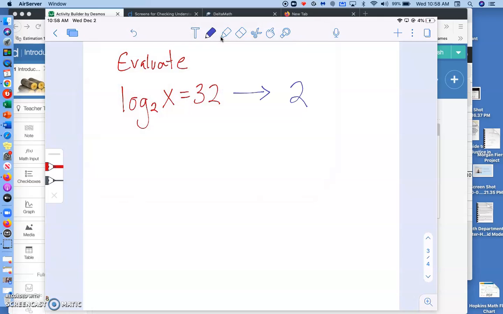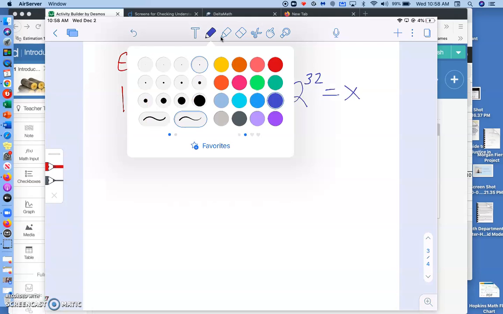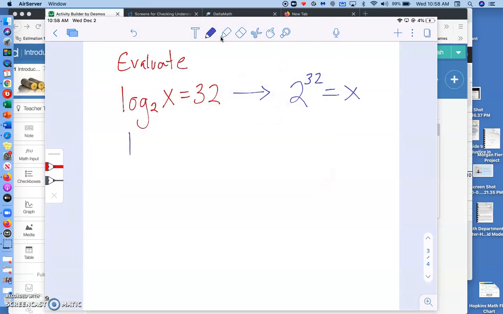So 2 to the power of 32 equals X. And then that would be one you could type into the calculator, but you could solve for X that way. What if you had a different one, what is log base 2 of 32 equal to? That equals some value. Well, we would say 2 to the X equals 32. Well, I know that X equals 5.